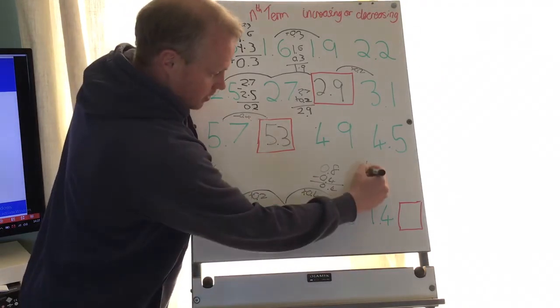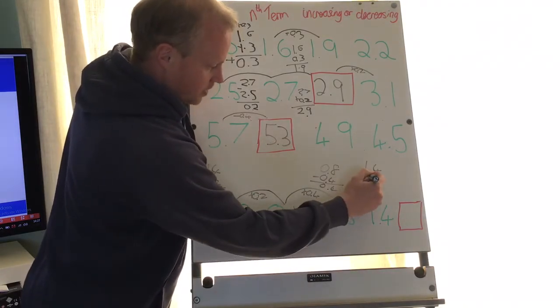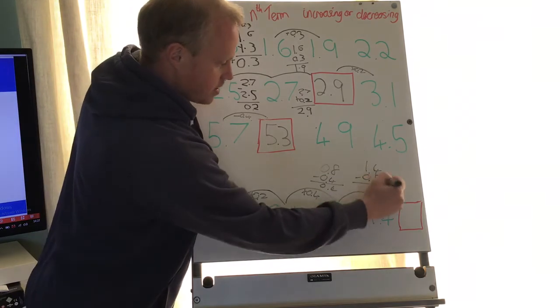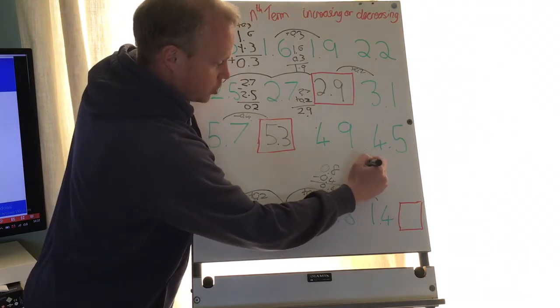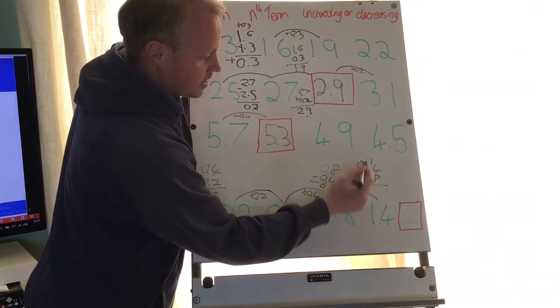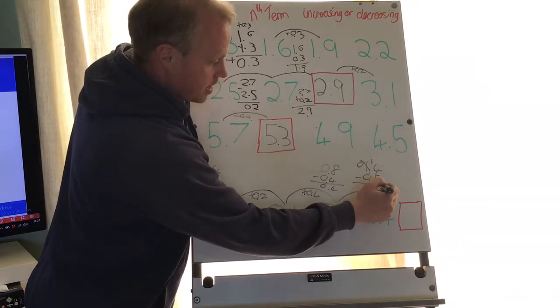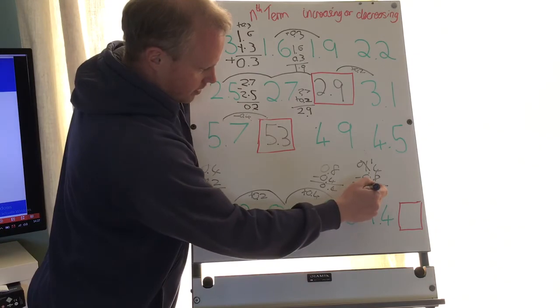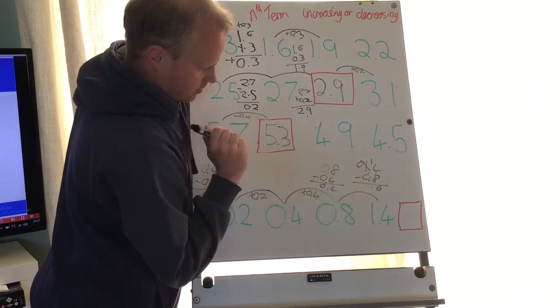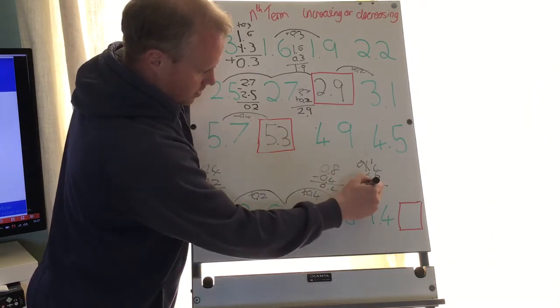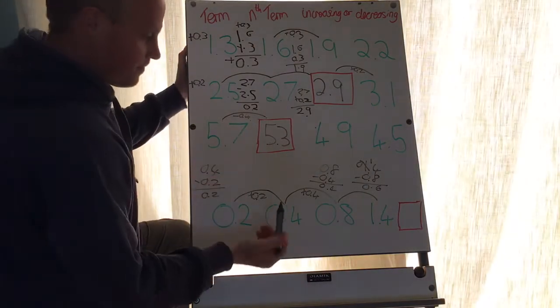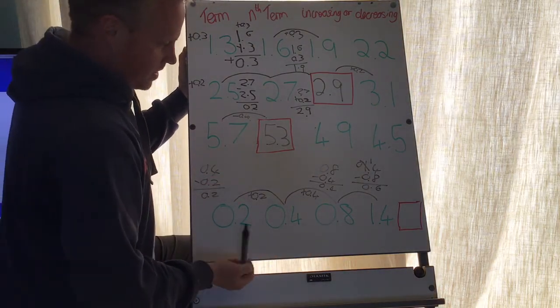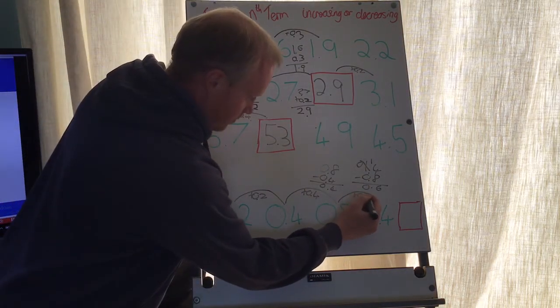Now I'm going to look at these ones. 1.4 take away here. 4 take away 8 you can't do, so you've got to exchange. 1 for 10 in here, so 14 take away 8 is 6. And hopefully now this was an increase of 0.6.